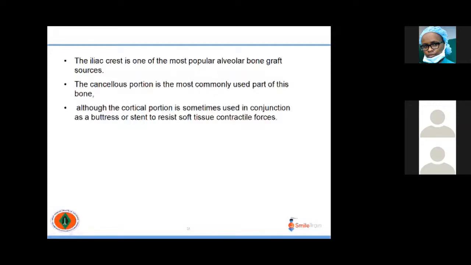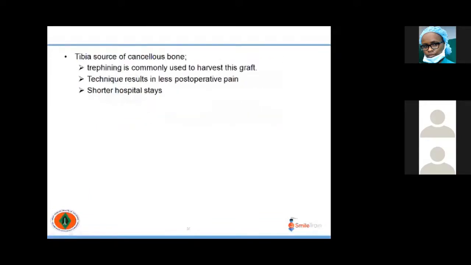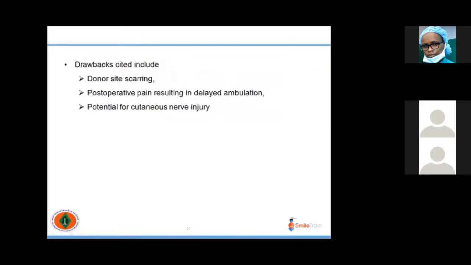The drawbacks with iliac bone graft are donor site scarring, post-operative pain resulting in delayed ambulation, and potential for cutaneous nerve injury, especially if carried out in the hands of an inexperienced surgeon.